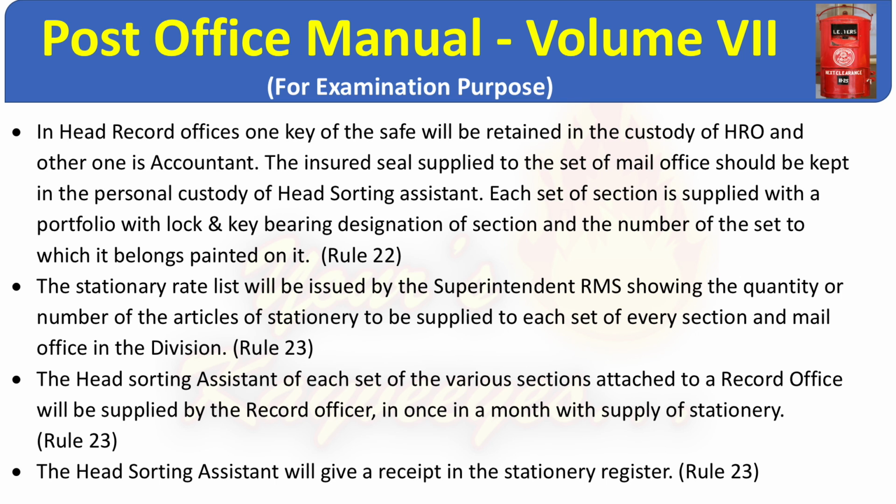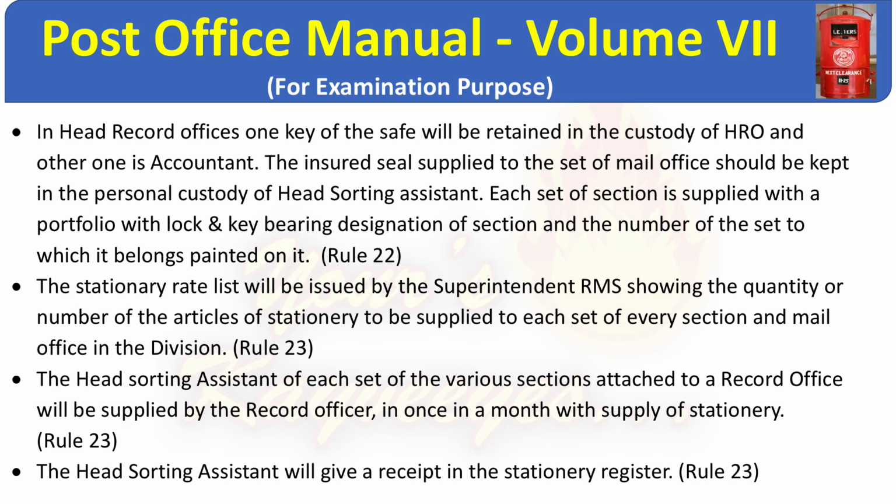Rule number 22. The stationery rate list will be issued by the superintendent RMS showing the quantity or number of the articles of stationery to be supplied to each set of every section and mail office in the division. Rule number 23.